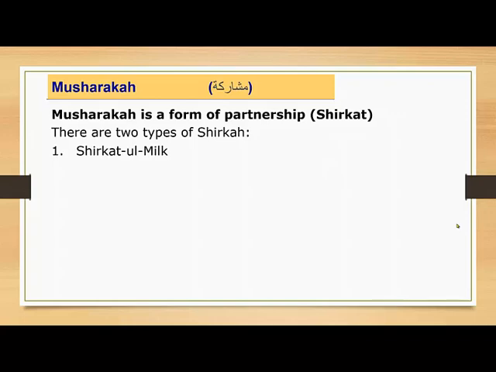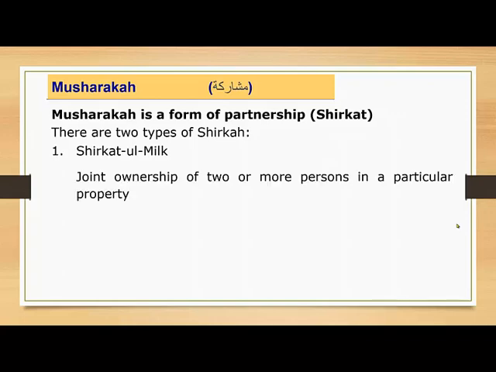The first is called shirkatul milk. Shirkatul milk is basically a joint ownership of two or more persons in a particular property. Here in Arabic, milk is basically the ownership of any property.